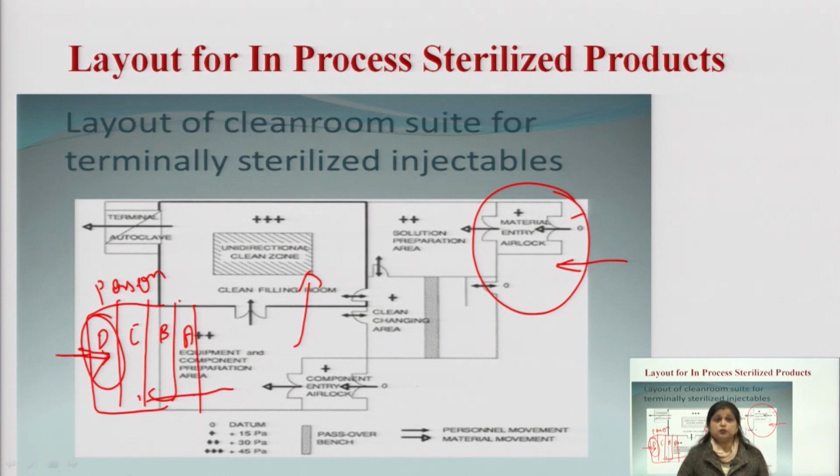Personnel will move from the area that is most contaminated, D, which we also call the black zone. Black zone means it contains a lot of microorganisms. So, from the black area they will move towards the gray area.